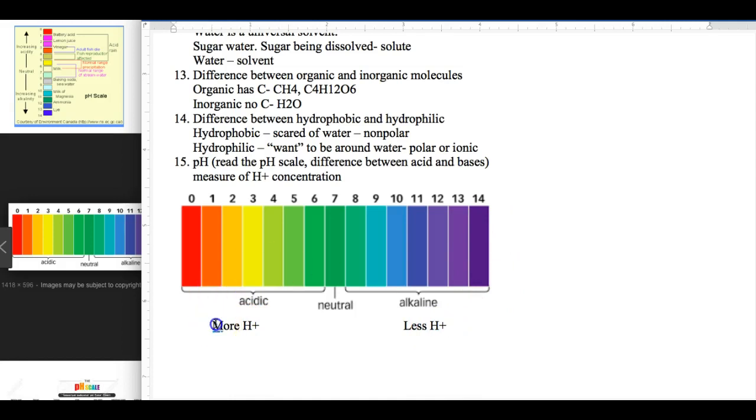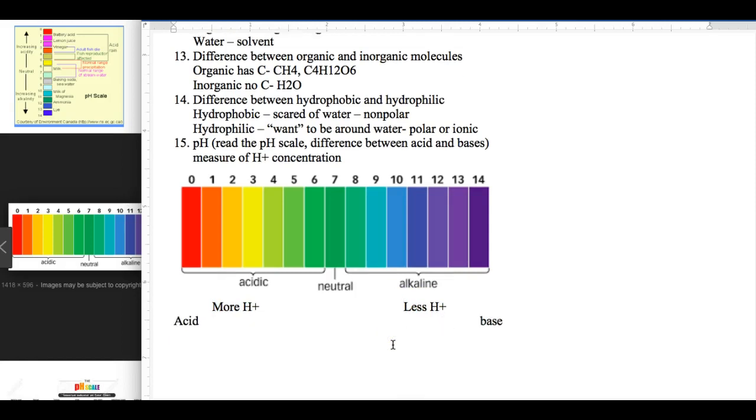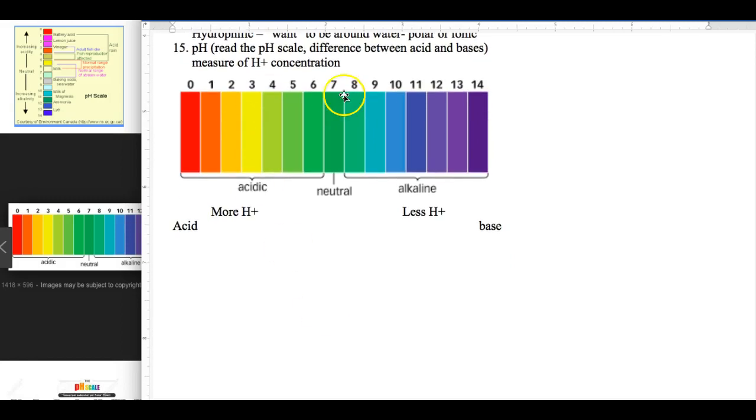The more hydrogen that you have, the more acidic you are, and the less hydrogen you have, the more basic, or we call it base, toward this end. In the middle is 7. 7 is neutral. H2O is neutral.